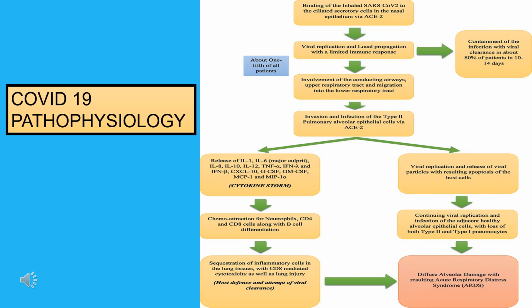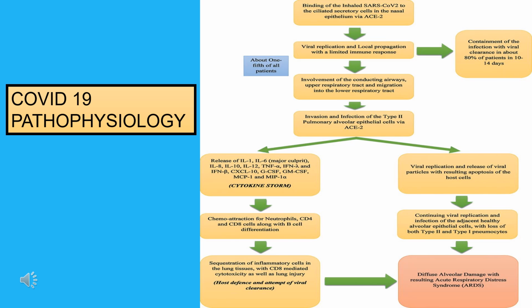The virus-laden pneumocytes now release many different cytokines and inflammatory markers such as your interleukins, your tumor necrosis factor, your monocyte chemoattractant proteins, and macrophage inflammatory proteins. And this is what you call your cytokine storm, which acts as a chemoattractant for neutrophils, your CD4 helper T cells, and CD8 cytotoxic T cells, which then begin to sequester in the lung tissue.